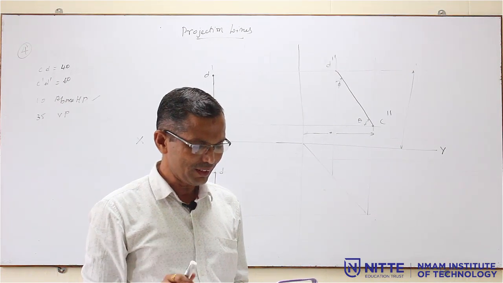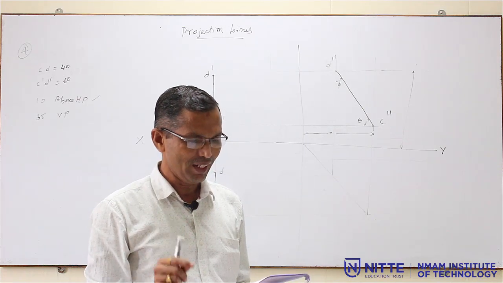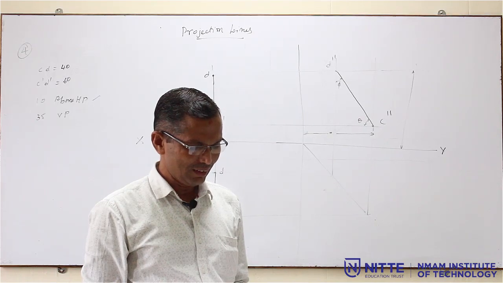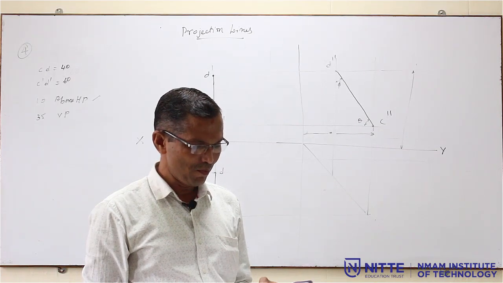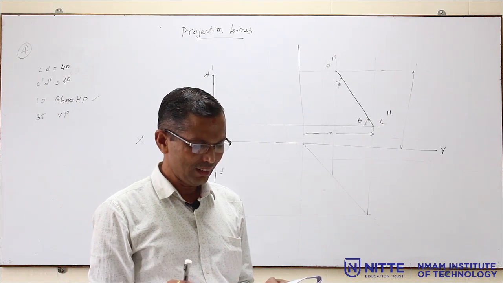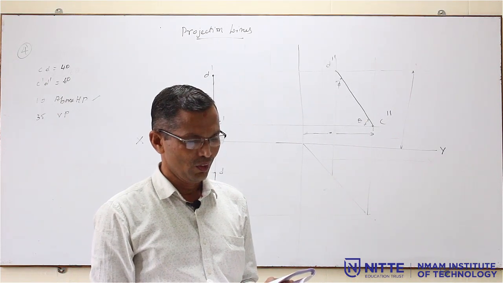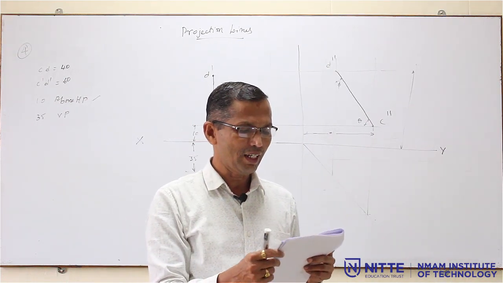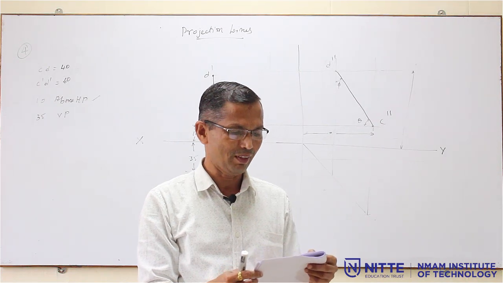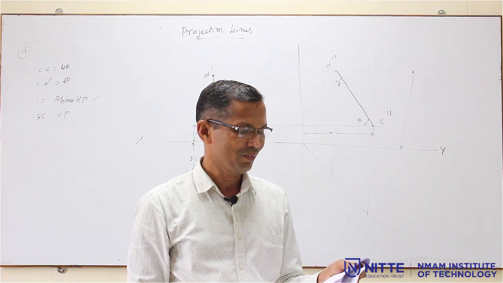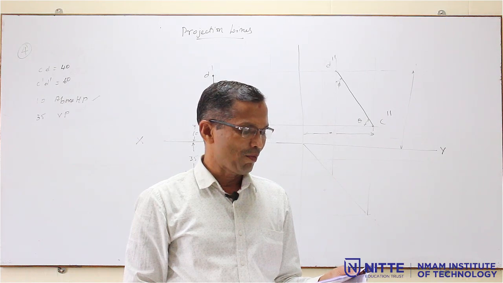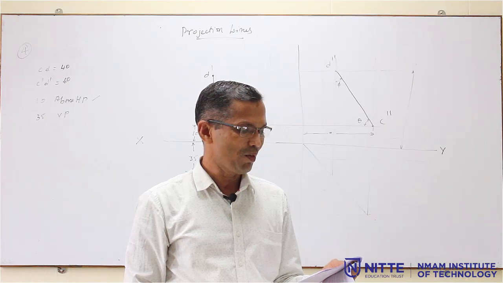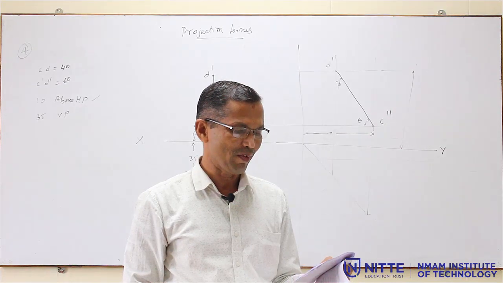Now, here the true length is given, theta is given, phi is given, and they told that one end is in VP and the other end is in HP. So, this problem is very similar to problem number 1, which I have already solved in the assignment. In problem number 1, PQ is 100 mm long, inclined at 45 to HP, 30 to VP, end P in HP and Q in VP.